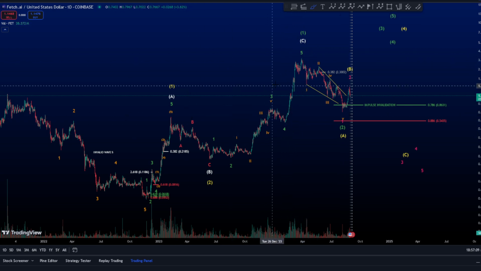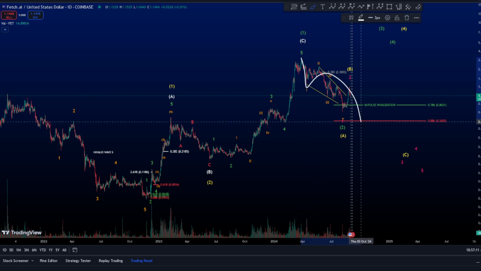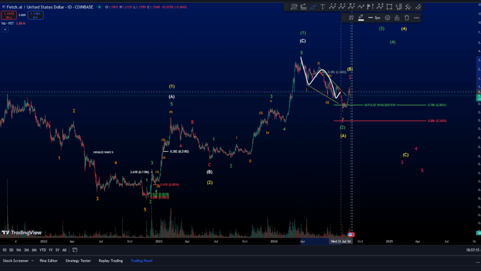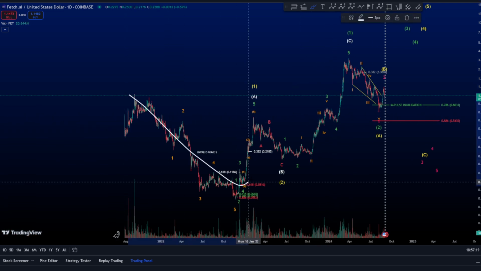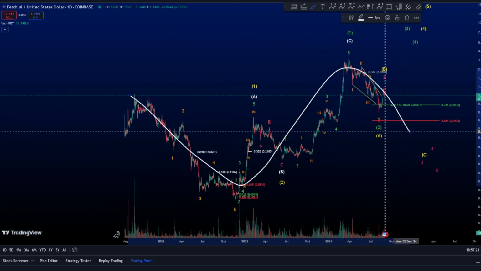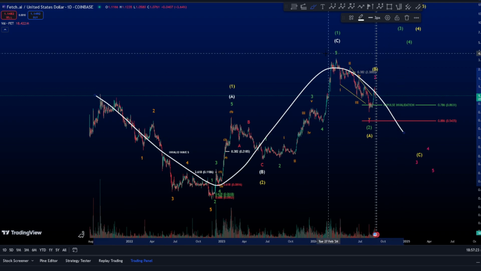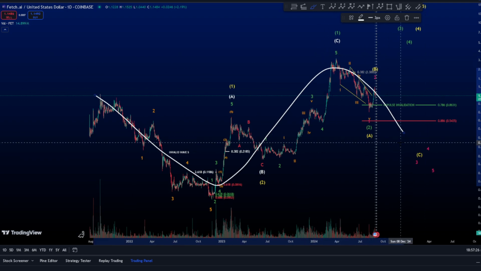It's the same as for the impulse. Rather than looking for a correction here, 3 waves down, we are looking at 5 impulsive waves, and this of course supports our theory, or analysis, that we are looking for lower prices.